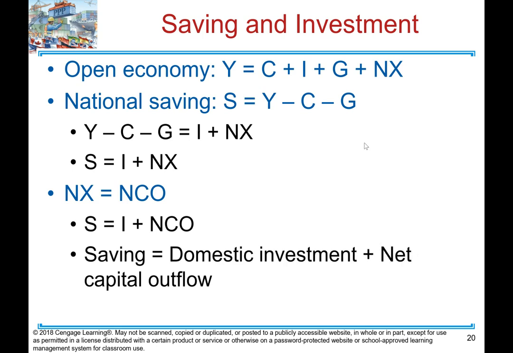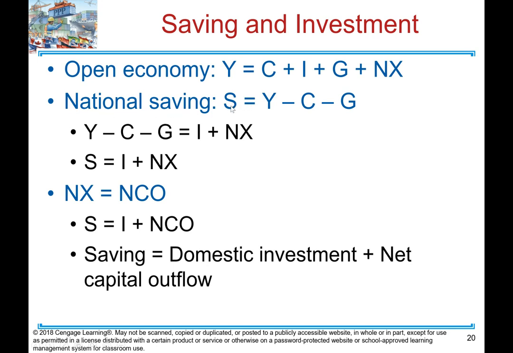Let's look at savings and investment. In the open economy, the identity is GDP, where Y stands for GDP, equals consumer spending, investment spending, government spending, and net exports: Y equals C plus I plus G plus NX.